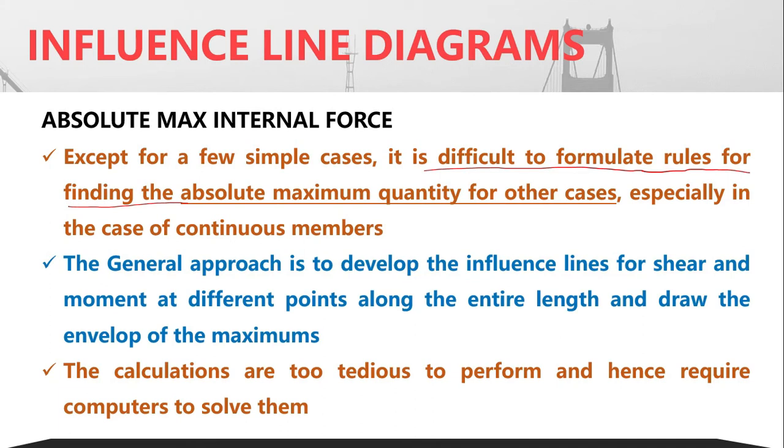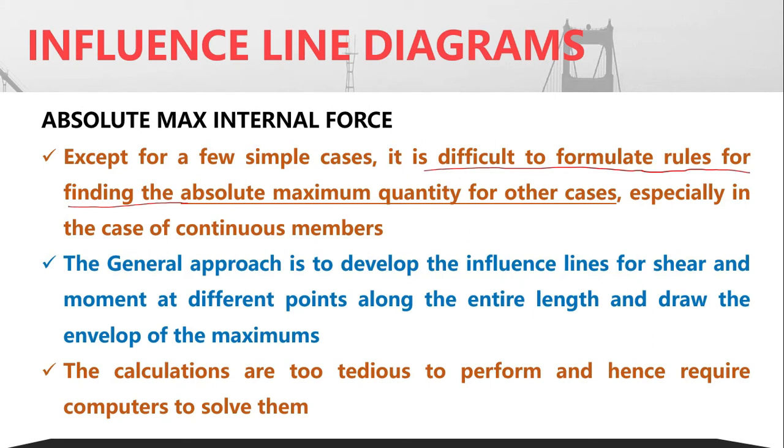In such a case, what we do is develop the corresponding influence line diagrams for shear force or bending moment at different points throughout the length of the bridge, and then we develop an envelope, a line connecting the maximum points.